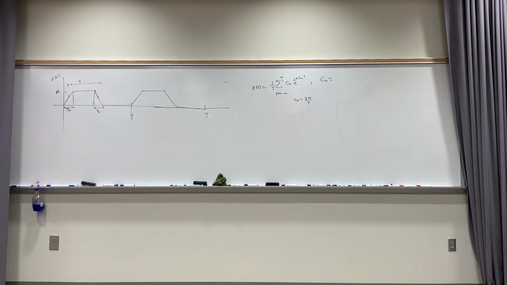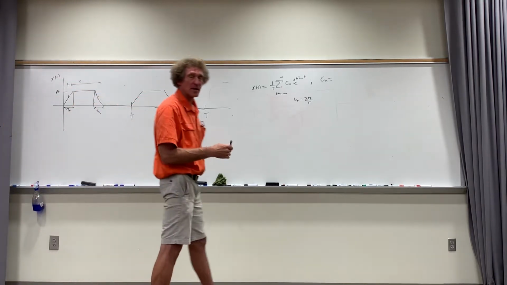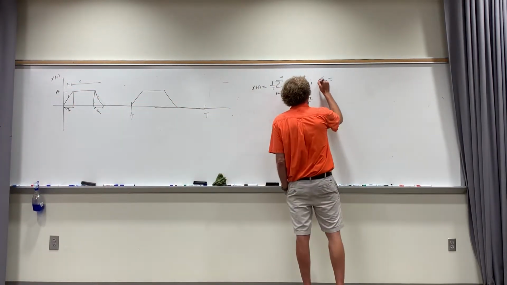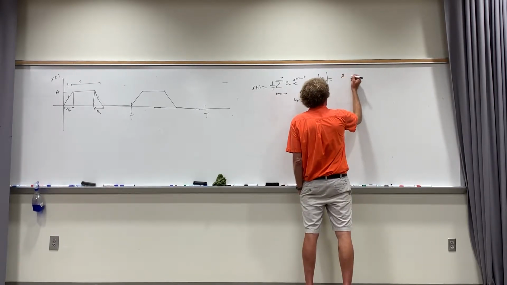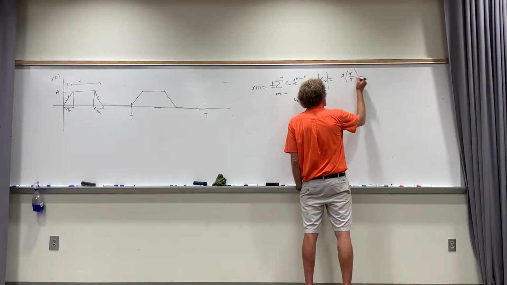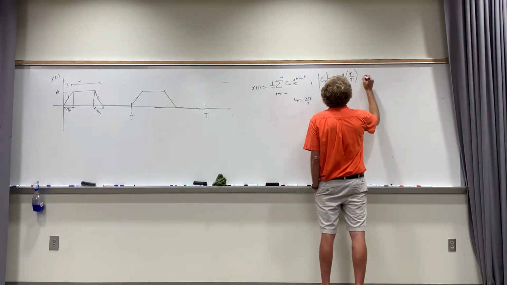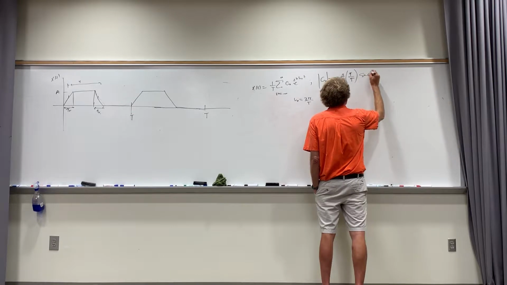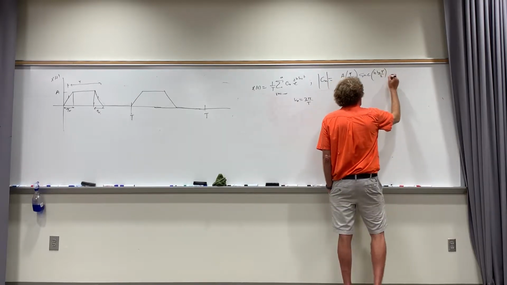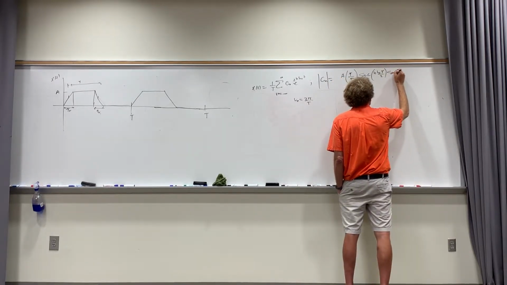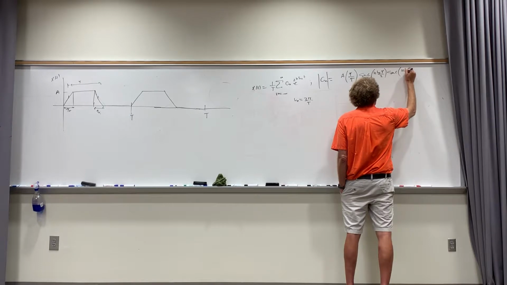All right, after all is said and done, I'm only caring about the magnitude. Please write this down. The magnitude of this, and you can look at your notes, is simply going to be A times tau over T. That's the duty cycle. Then it's going to be a sinc function of n omega naught tau over 2 times a sinc function of n omega naught tau rise over 2.